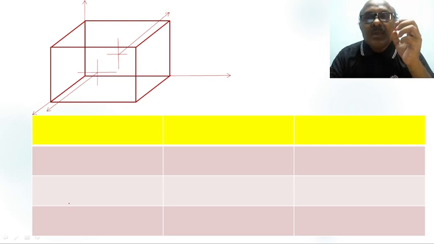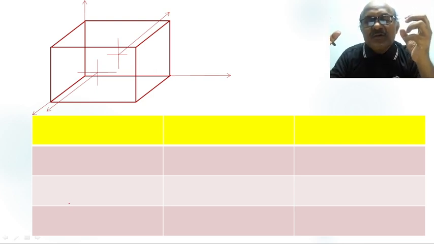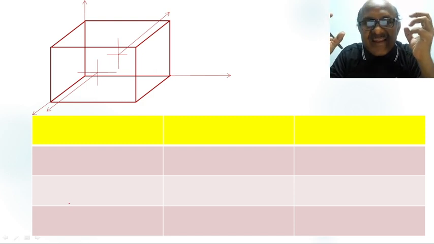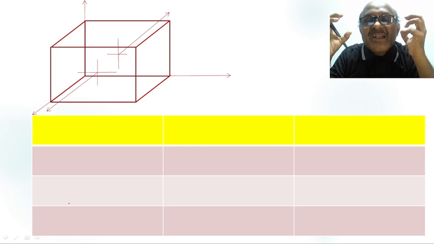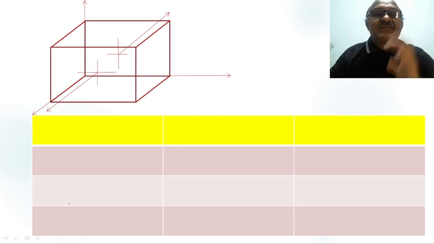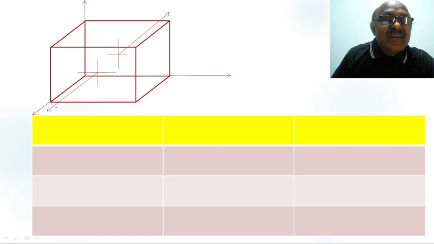Now, for calculating equilibrium, we are considering traction force and body force only, my dear students. Because of the force, stresses are induced in this elemental volume dV. This is the elemental volume. Its width is dx, length is dy, and height is dz.